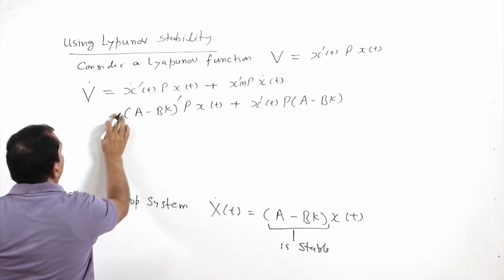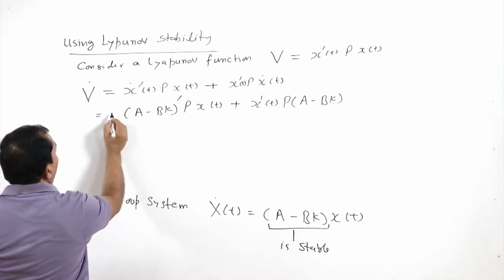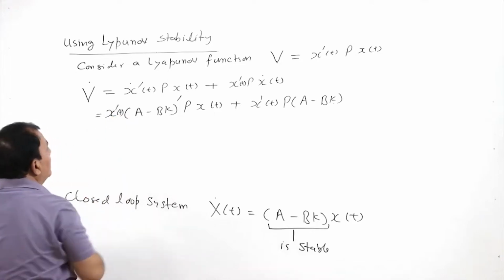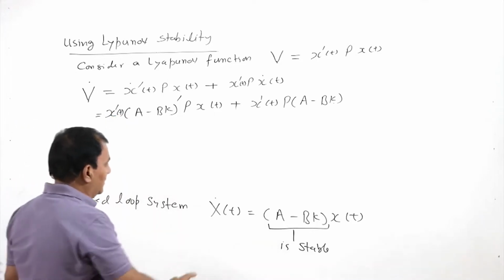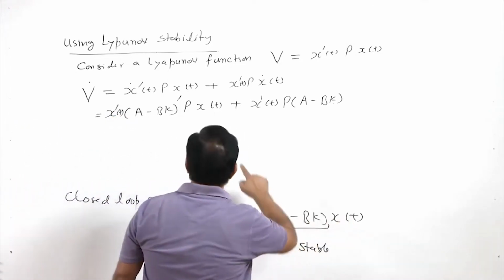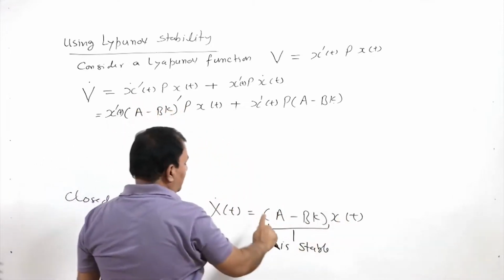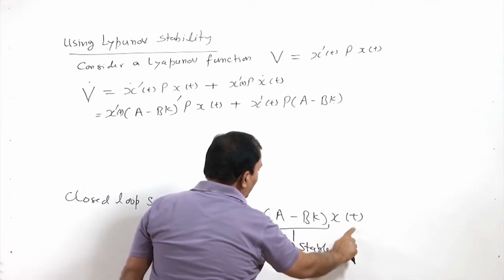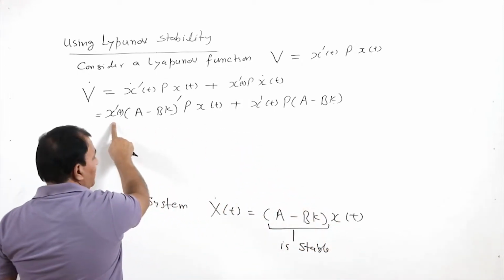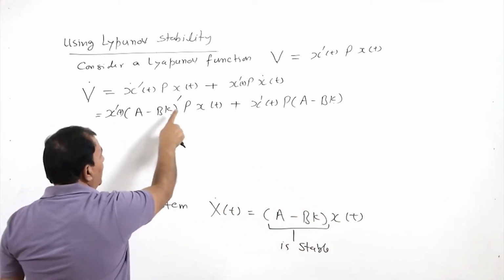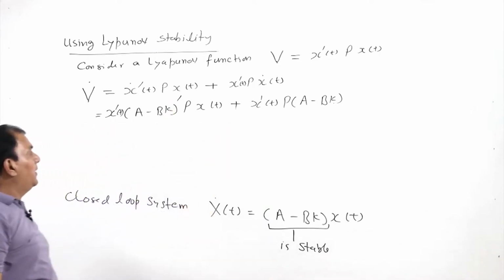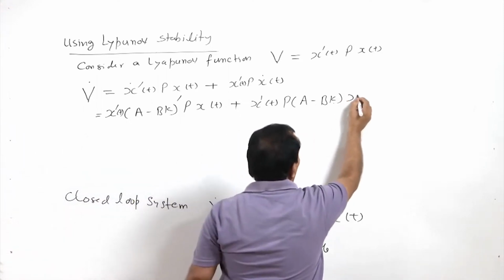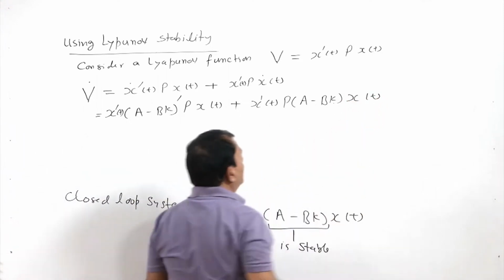Once I take the transpose of A minus BK x t, x transpose t will come, then A minus BK transpose will appear.